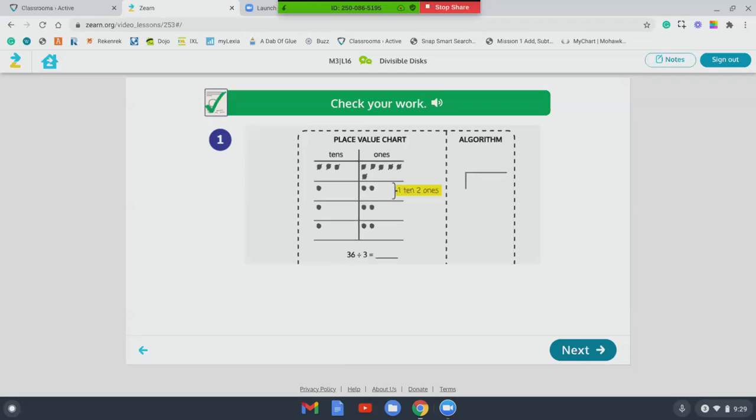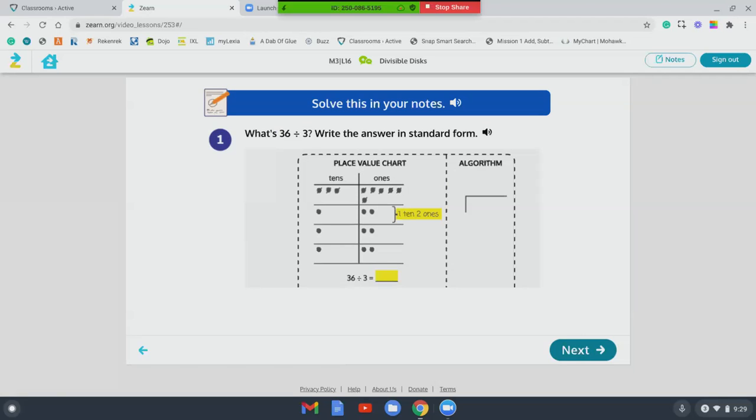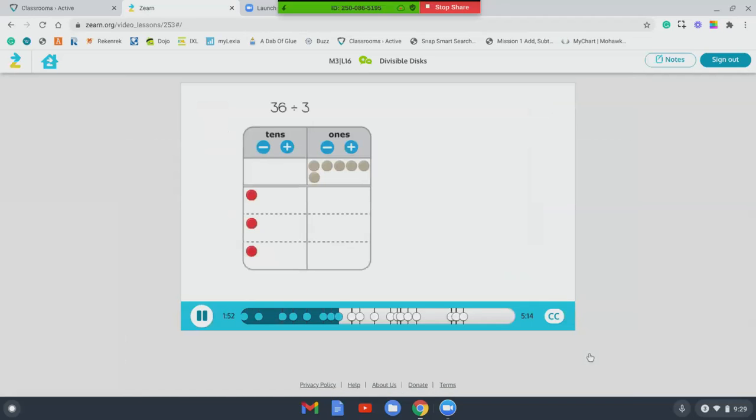Okay, and then you're just double checking our work. That means each group would have 1 ten and 2 ones, or 12. 6 divided by 3 is 2 ones. So I have 1 ten and 2 ones in each group, with nothing left over. So what is 36 divided by 3? 12. You got it.